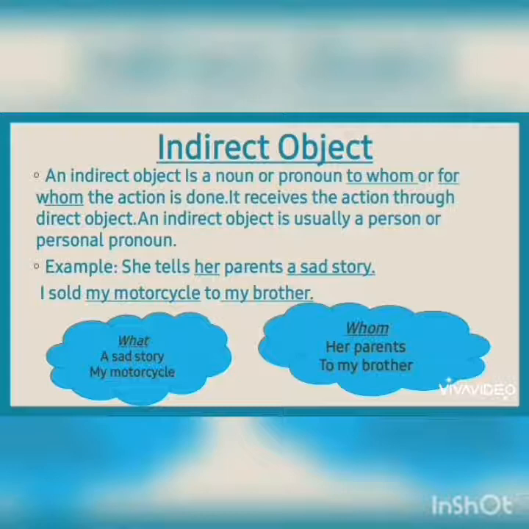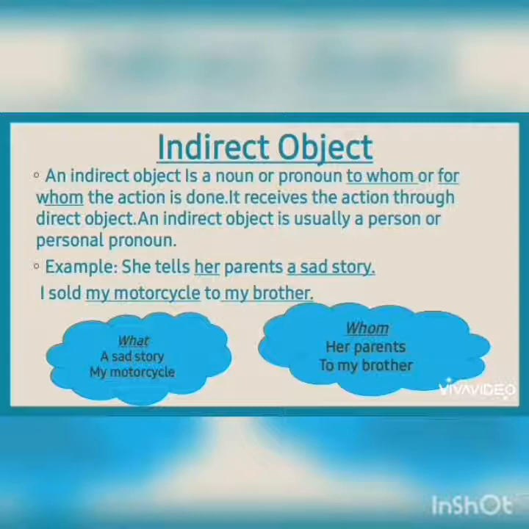Number 1 example is, she tells her parents a sad story. To whom does she tell a sad story? To her parents. Here, her parents is an indirect object because it answered the question of whom.